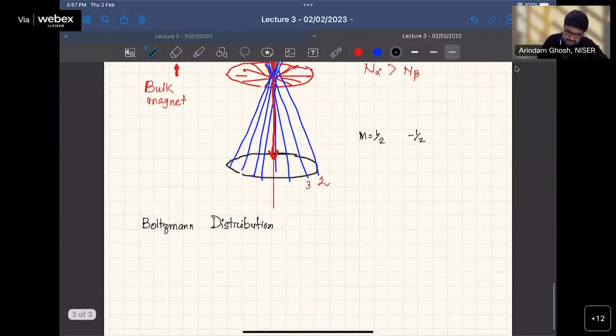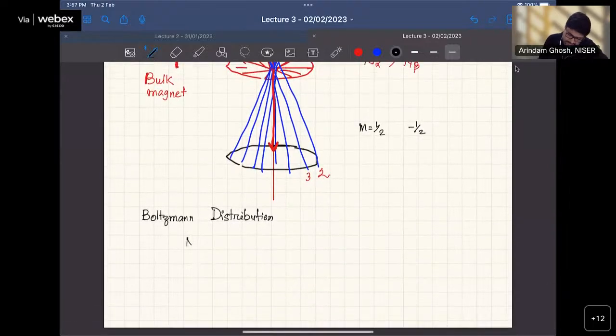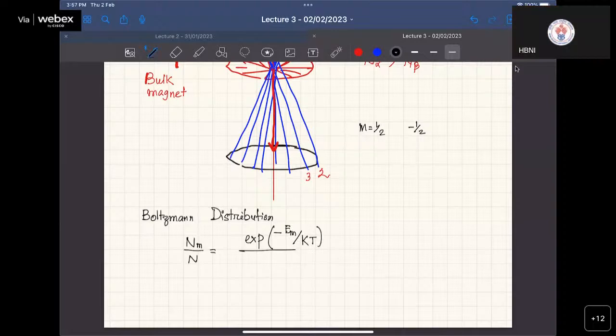If I call this n_m the number of particles in the mth state divided by the total number, so you have 10,000, then how many in m half and how many in m minus half, that is what n_m gives. This is going to be given by this expression. It can be derived from the Boltzmann distribution, but it's not necessary here. I'm just going to write it down.